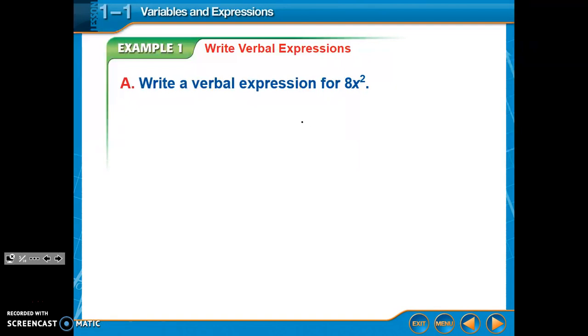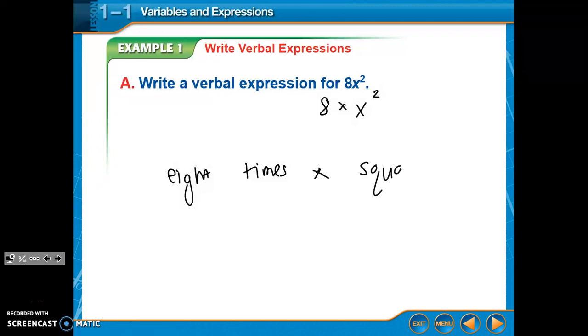So this is 8 times x squared. So I'm going to just write that, 8 times x squared. And that would be a verbal expression for the algebraic expression.